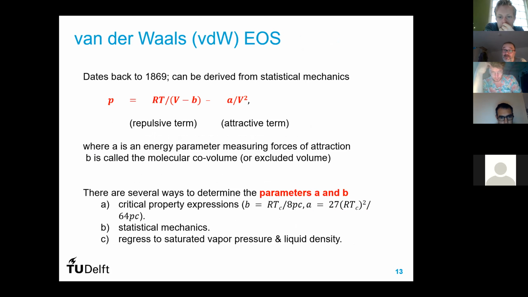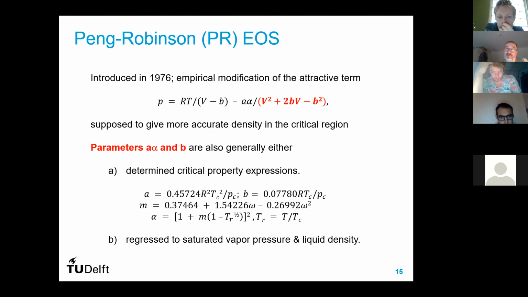Now, last but not least, around the same time, a little bit later, there was the Peng-Robinson equation of state. They more or less inherit the same alpha correction, but they just introduce an extra relation here for parameter B. And again, they derive A, B, and alpha from these critical properties.